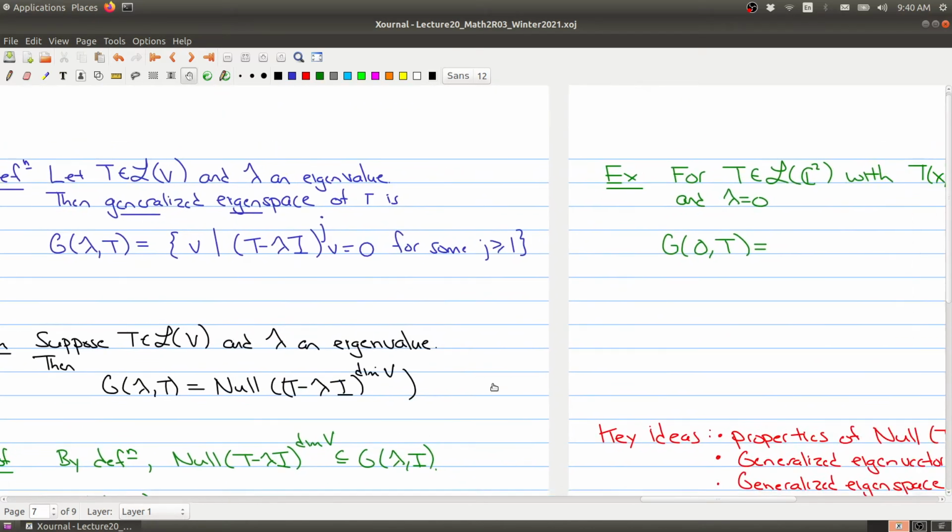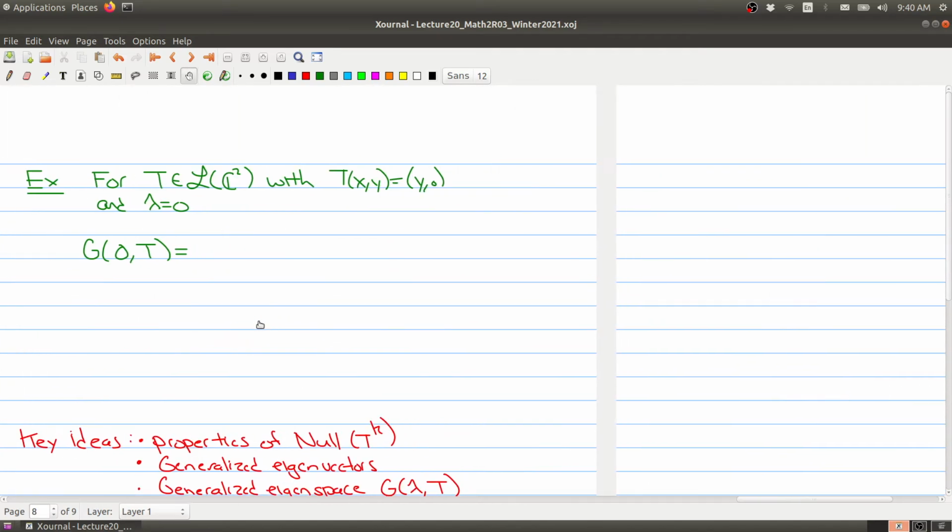Okay, so to finish off our lectures for today, let's take the operator that we've been looking at in today's lecture, the operator that takes the pair (x, y) to (y, 0), and we look at lambda equals 0.